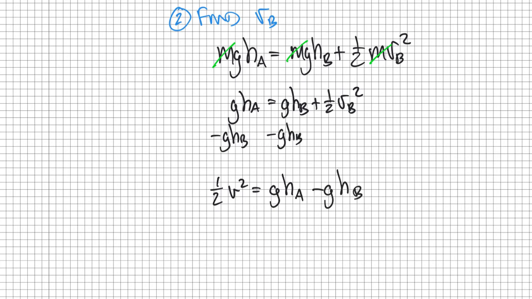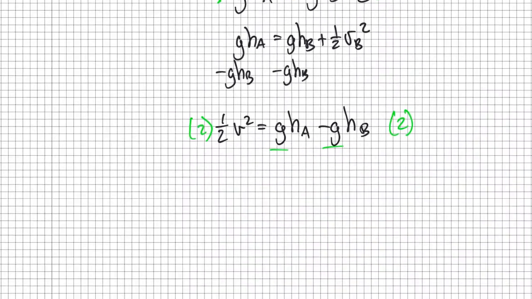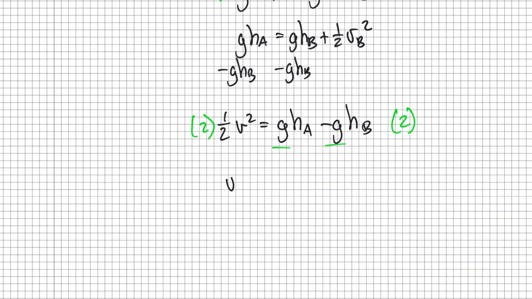So what I'm going to do is factor out my G's here, and then also multiply each side by 2. And when I do that, I'm going to get V squared equals 2G(HA minus HB). Square root both sides.